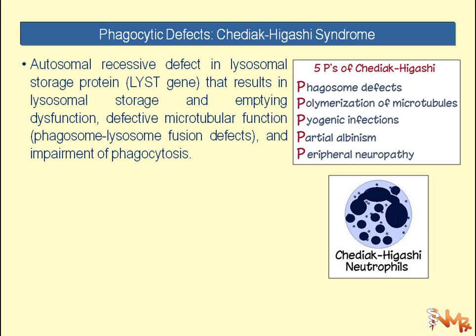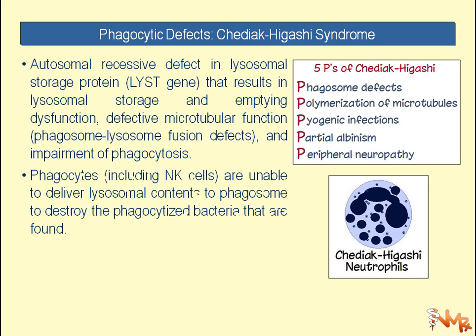Chediak-Higashi is an autosomal recessive defect due to a defect in the LYST gene that results in lysosomal storage and emptying dysfunction, defective microtubular functions that result from phagosome-lysosome fusion defects, and impairment of phagocytosis. So this condition is a phagocytic defect.